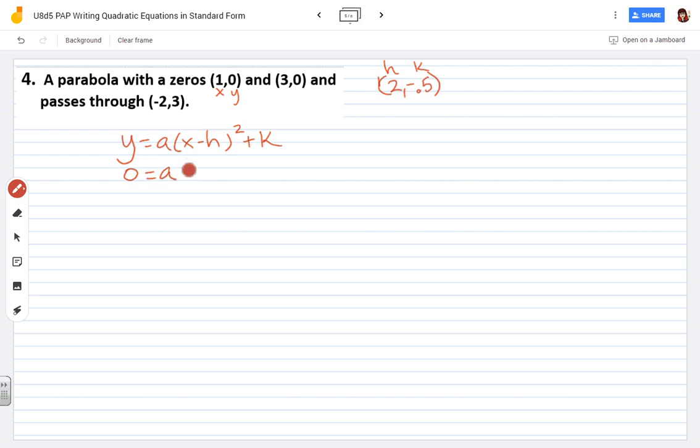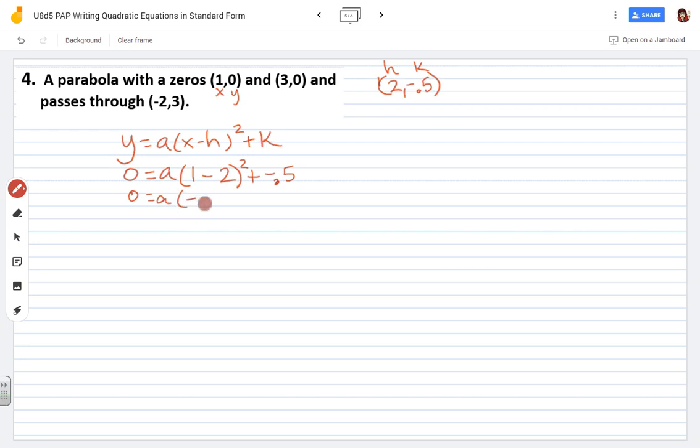We don't know what a is. x is 1, so 1 minus 2 squared, plus negative 0.5. Oh, hope that's not too ugly, but okay. Let's go ahead and clean it up a little bit.